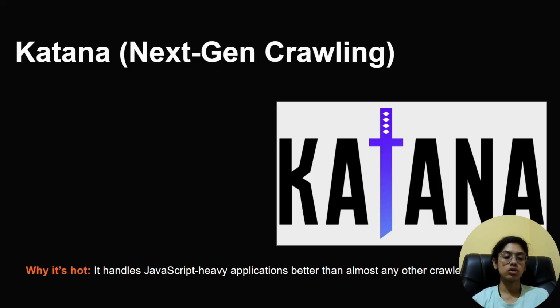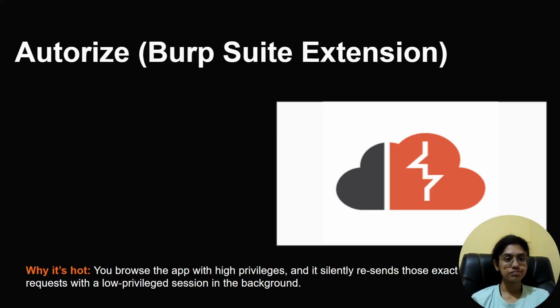Why is it hot? Most of the current websites depend on JavaScript, right? So this Katana tool acts as a better crawler for JavaScript applications. You can try it on your own.